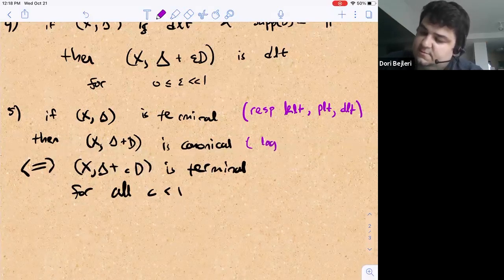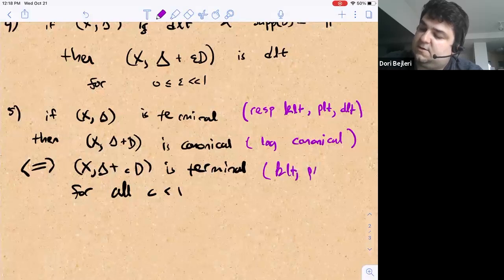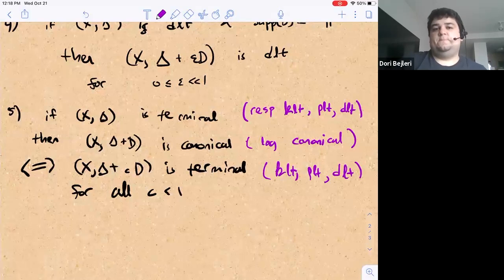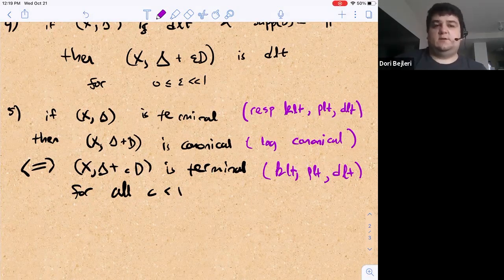So in any of the three log terminal cases, when we add D, we get something log canonical if and only if the pair (X, Δ + cD) is KLT, PLT, or DLT for all c less than 1. So if we have something KLT, then when we add D, we get something log canonical if and only if whenever we add (1 - ε)D, we get something that's still KLT. And similarly for PLT and DLT.